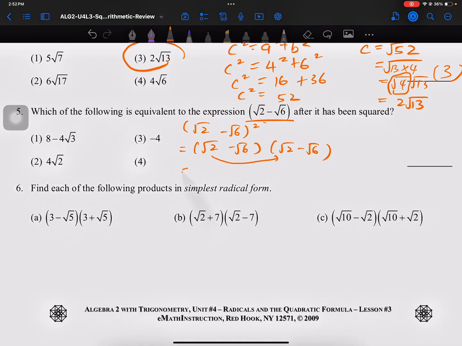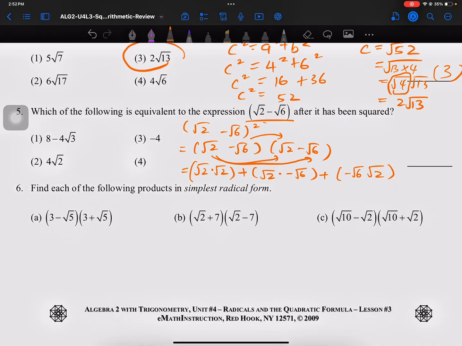So square root of 2 multiply square root of 2. And then the outer: plus square root of 2 multiply minus square root of 6. And then the inner: plus this one multiply this one, minus square root of 6 times square root of 2.